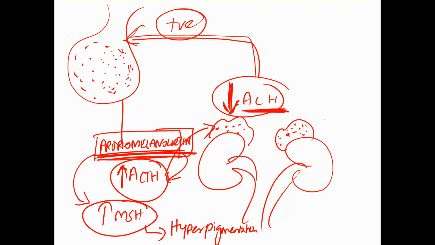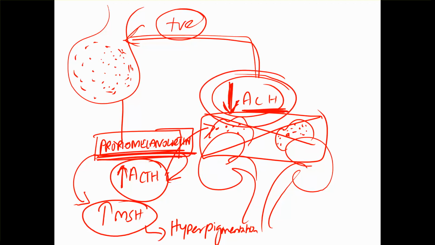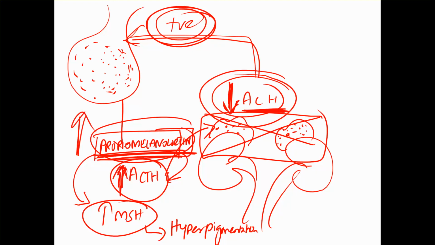So when there is a severe primary adrenal problem and there is damage to the adrenal cortex, whether due to any form of disease, that decreases the adrenocortical hormones, cortisol, and mineralocorticoids, and that will produce positive feedback, and in the end they increase the proopiomelanocortin, so they produce more ACTH and more melanocyte stimulating hormone, so they have hyperpigmentation. It is very, very important to know this.